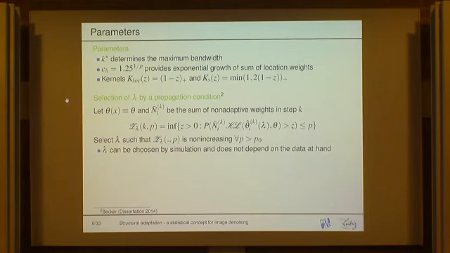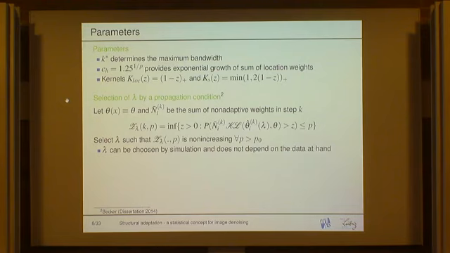So in a three-dimensional case, it would be a 1.25 variance decrease, which results in an increase in bandwidth by 1.25 to the power of 1 over dimension. Okay, and the default kernels that we use are the two that you see here.